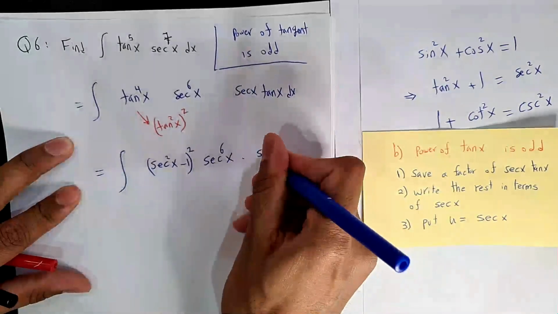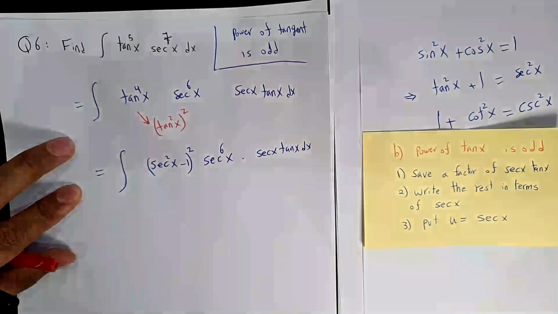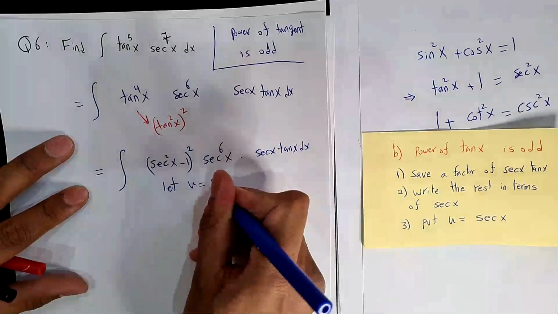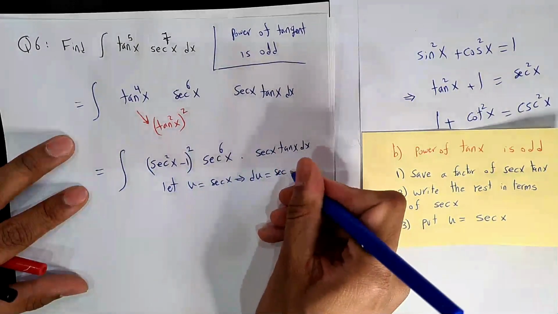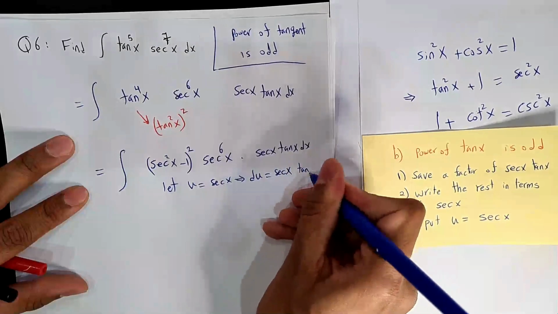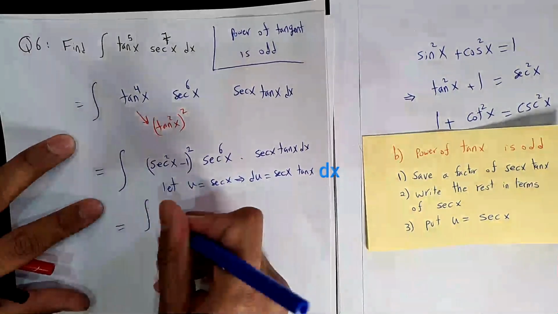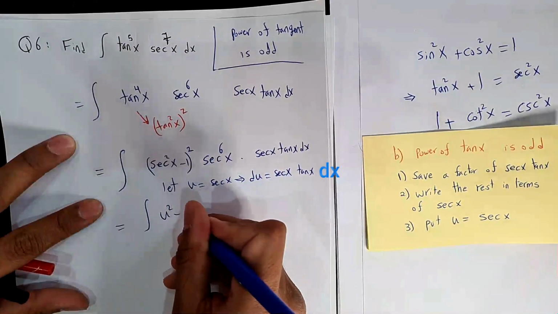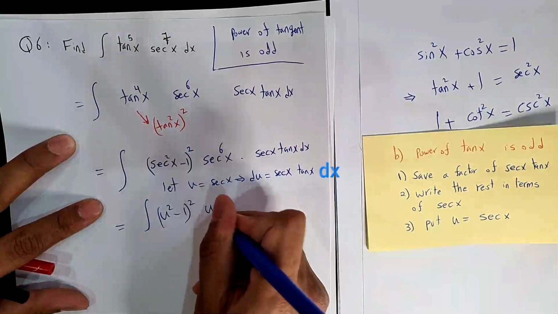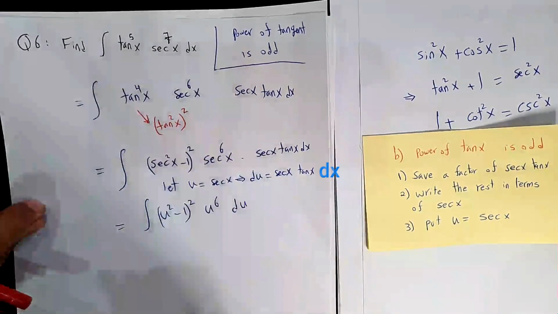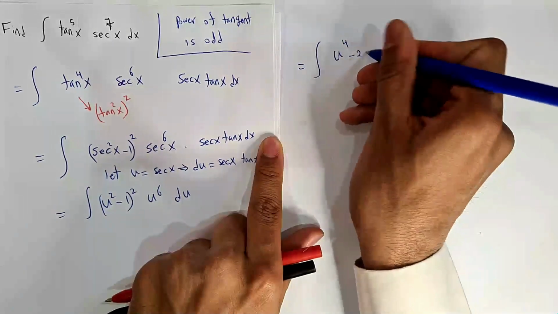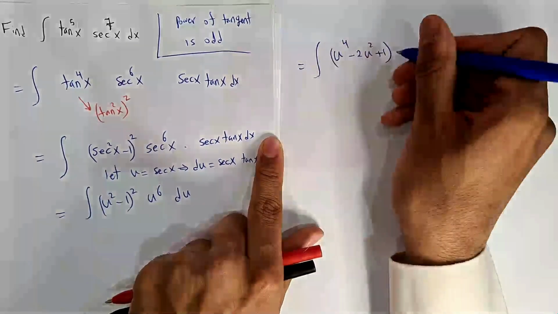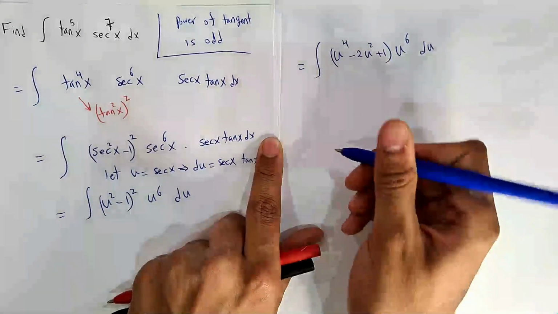And write this, because this is your differential. So I will say let u equal secant x, du equal secant x tan x. If you do it this way, you will get integral of (u square minus 1) all square, u to the power 6 and du. This will be (u to the power 4 minus 2u square plus 1) times u to the power 6 du.